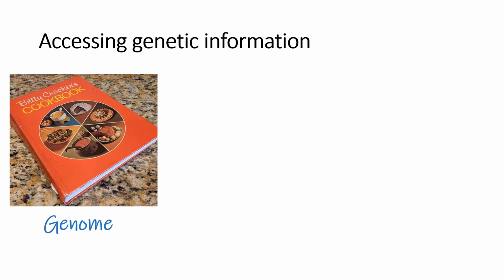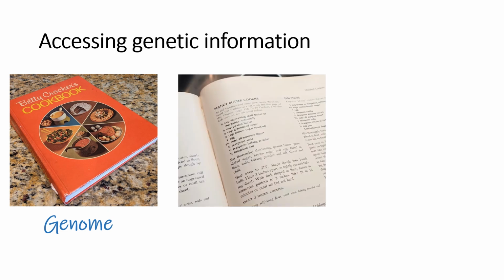Similarly, cells do not utilize all the information in their genomes at a single time. They pick and choose what genetic information or which recipes to access depending on their needs. A meal may consist of several dishes made from recipes within a cookbook. You can't eat a recipe. It is just the information on how to prepare the food. Likewise, genes are just a piece of information stored within the genome of an organism.